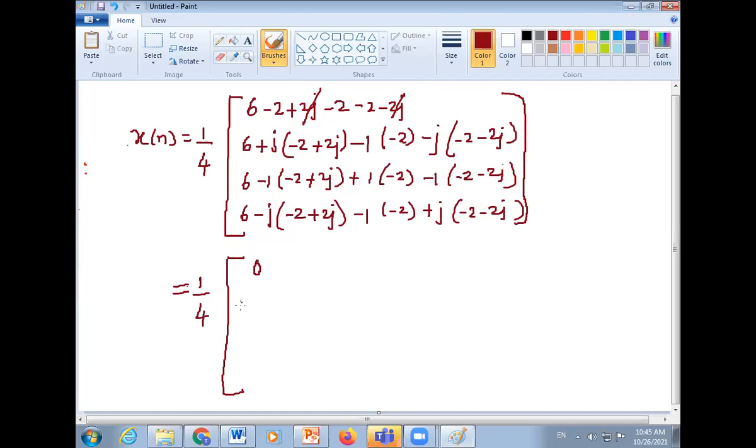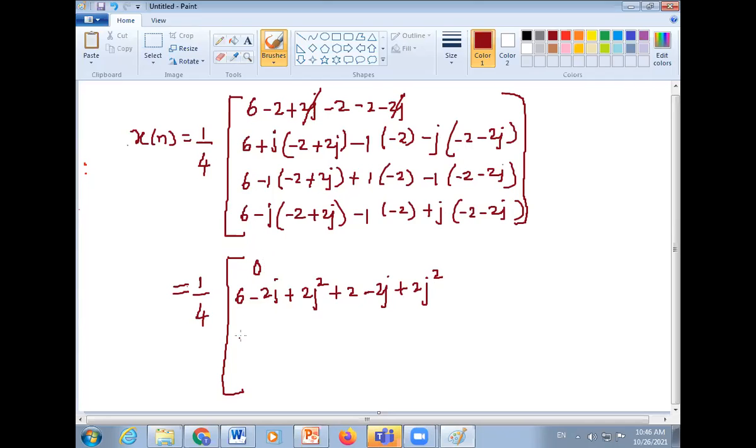Then the second term we will simplify. 6 minus 2j plus 2j square, minus into minus plus 2, minus into minus minus 2j, minus 2j, then again minus into plus, it is plus 2j square, plus 2j square.